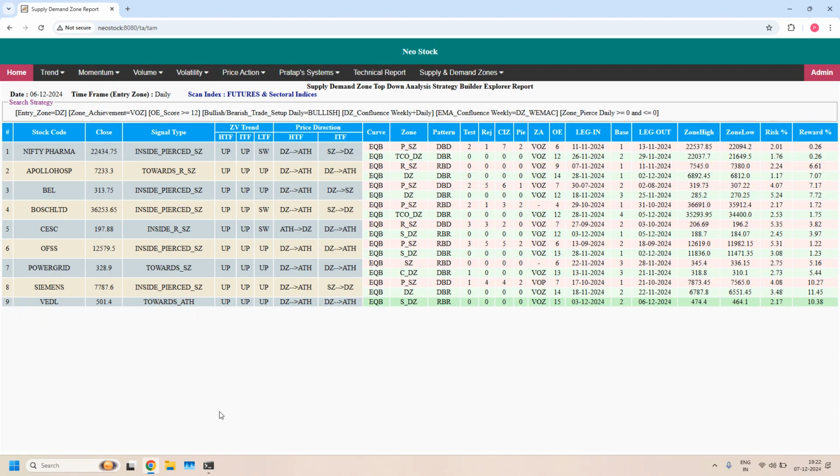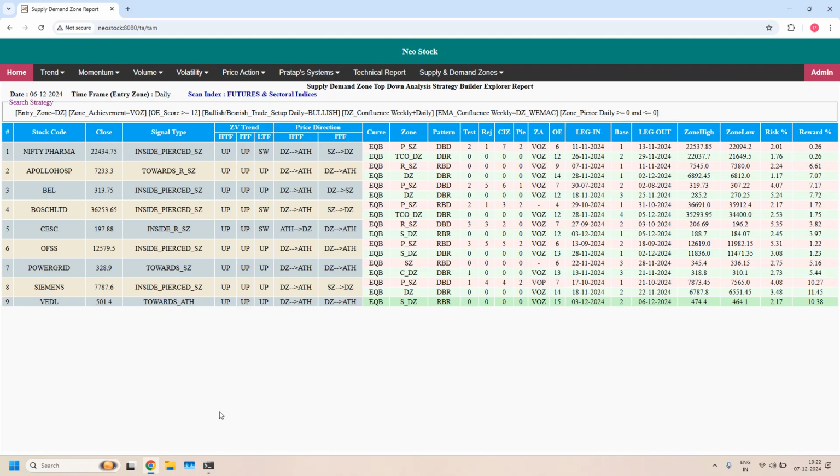So now we got 9 stocks. These 9 stocks are even more high probability trade setup related demand zones. If prices are nearing the daily demand zones, you can plan the trades at that time.